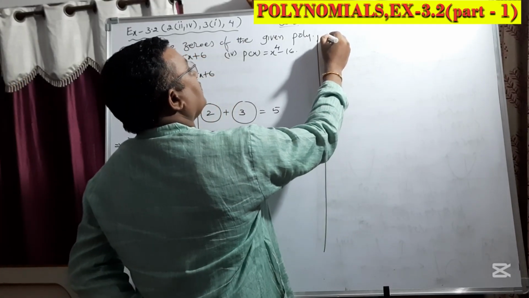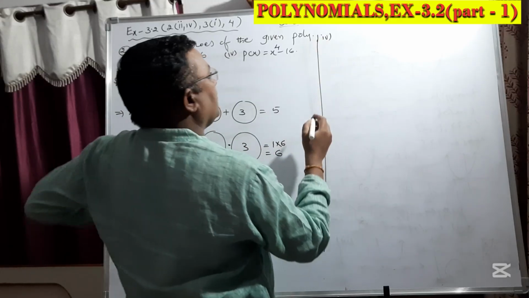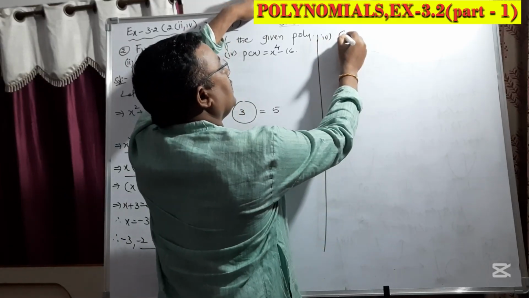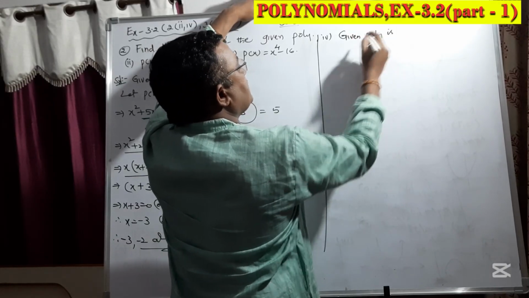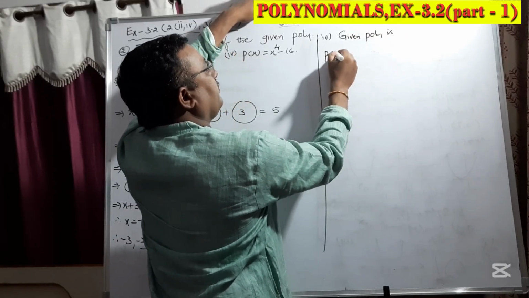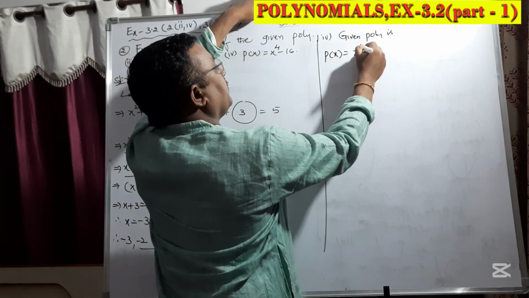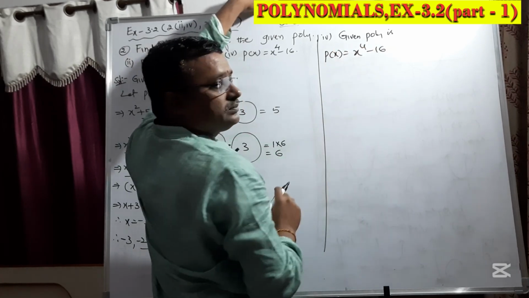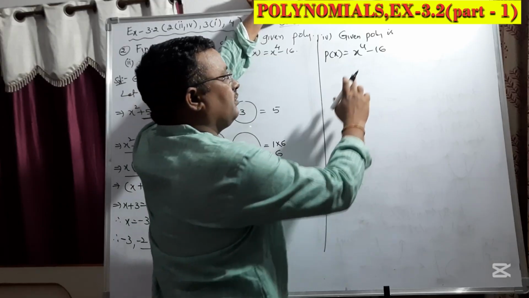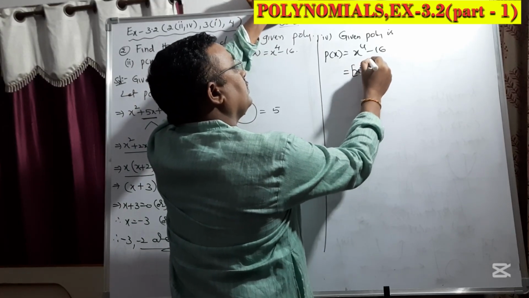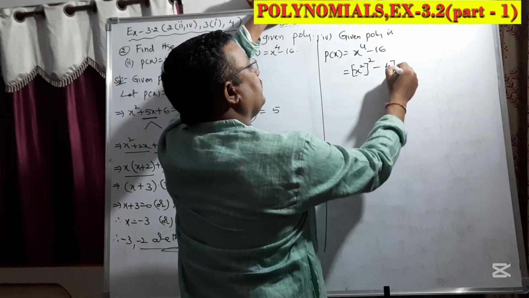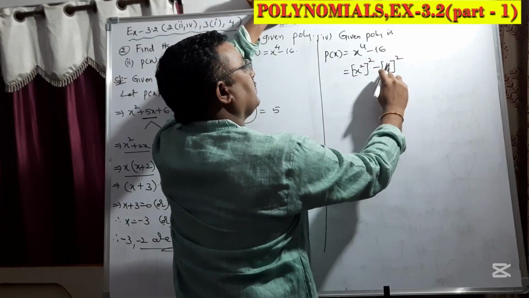Fourth question. In this, given polynomial is p of x equal to x power 4 minus 16. Okay? We can write this one as x square whole square minus 4 square. Okay?